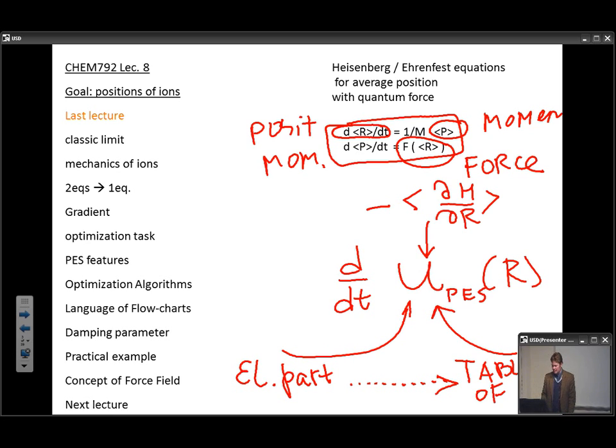And when this electronic part is not solved again and again, but one uses some tables, some parameterization from previous calculations, this is often referred to as a force field or molecular mechanics method.